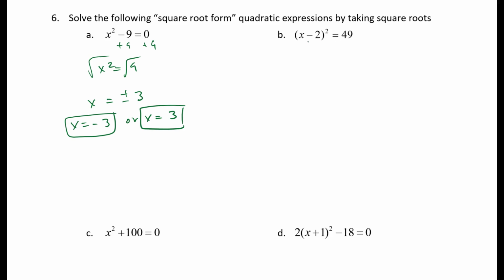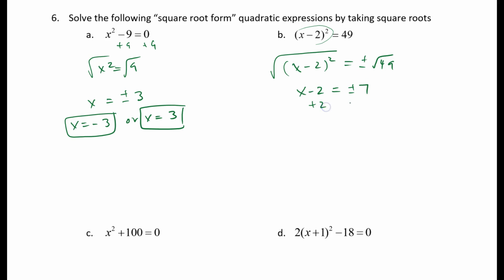Here, this expression with the x squared is already isolated by itself, so I can go ahead and just take the square root. Square root, and then plus or minus the square root of 49, because I take the square root of both sides. Square root of x minus 2 squared is simply x minus 2, and square root of 49 is 7.